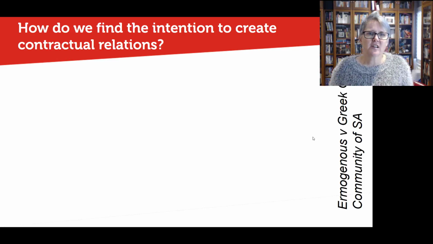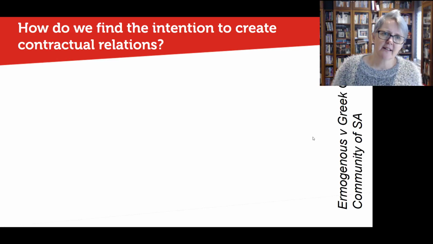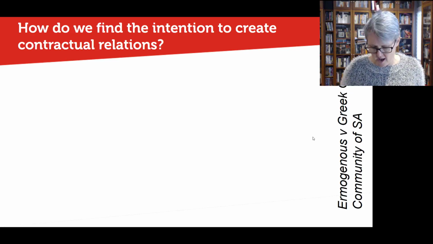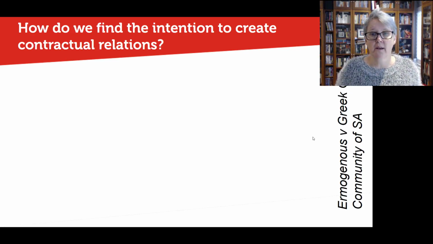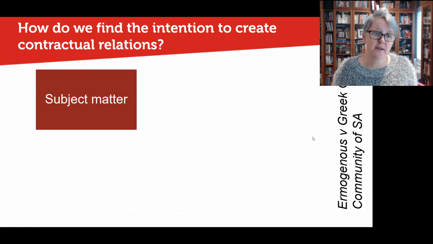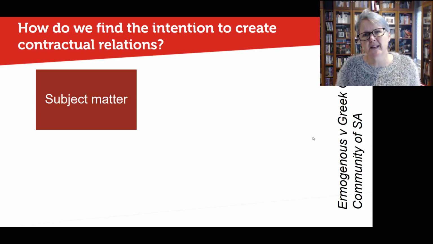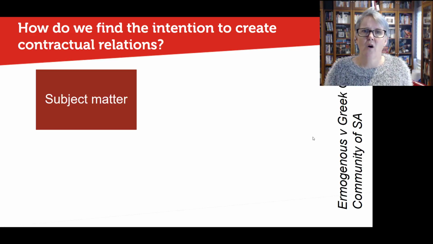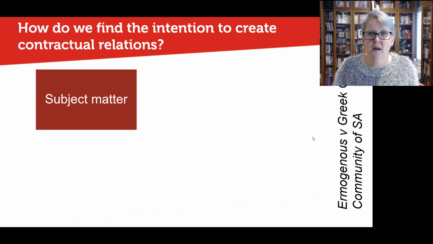So, how do we actually find whether there's an intention to create contractual relations or not? Ermogenous suggests the following. We look at the subject matter of the agreement. What was the agreement or the arrangement about? Was it of a commercial nature or something that otherwise would be expected to be contractually binding? In that particular case, the subject matter was the employment of the Archbishop, what his roles and responsibilities were, what his hours were, what his duties to the community were.